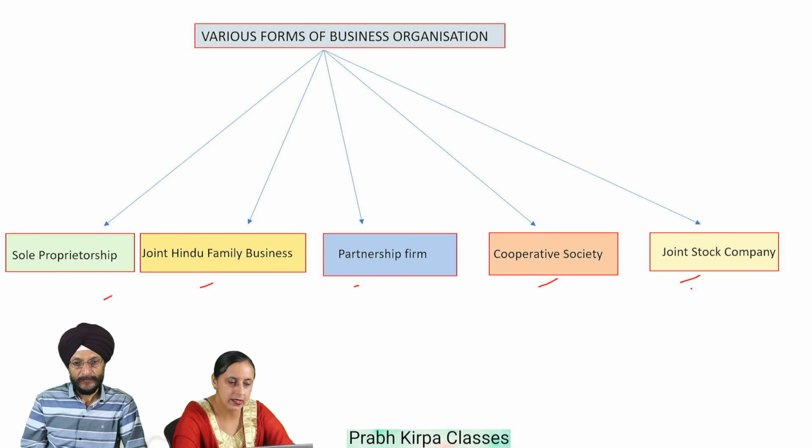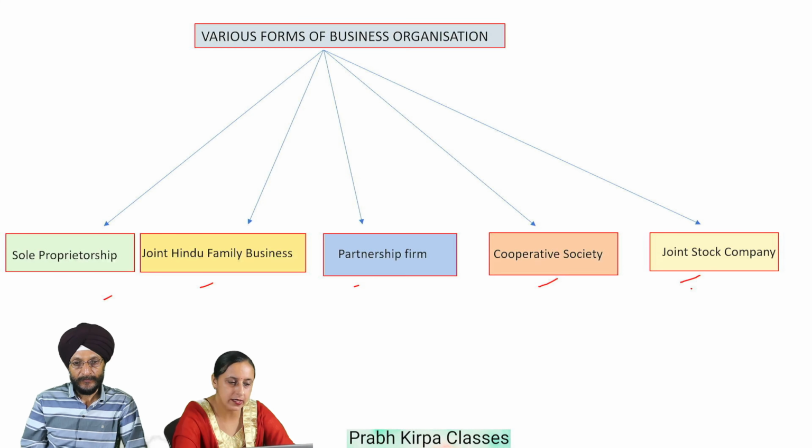Sole proprietorship. As the name suggests, sole means only one, and proprietorship implies ownership. Hence, a sole proprietorship refers to a form of business organization which is owned, managed, and controlled by a single individual.